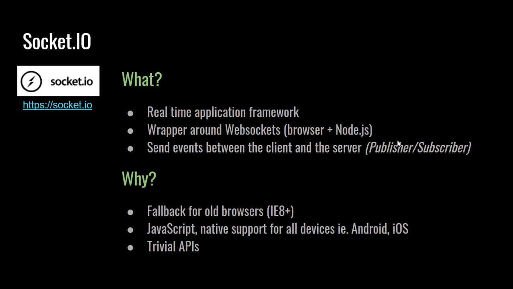This wrapper gives us a bunch of events between the client and server, a publish-subscribe kind of thing. Why would we want to use it? Because it's a fallback for older browsers. This script can be used in browsers and on Node.js, and it has compatibility with older browsers, so that's one reason. It also has native support for all devices, and a very trivial API.